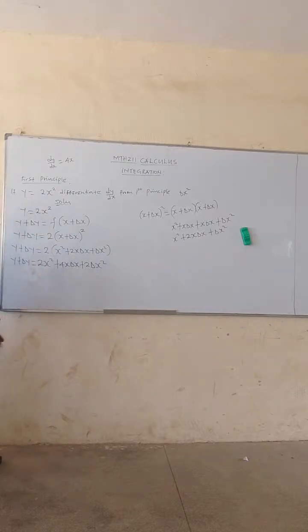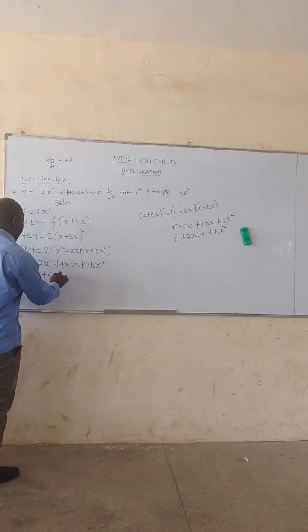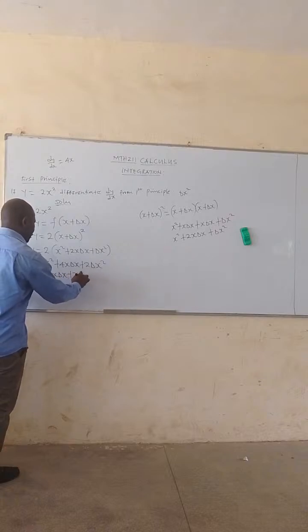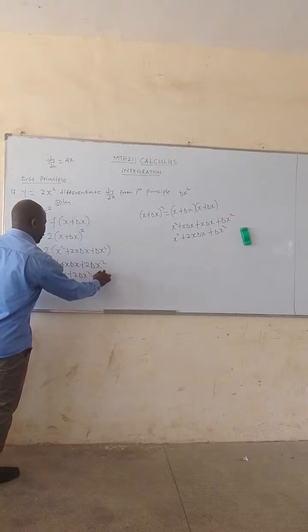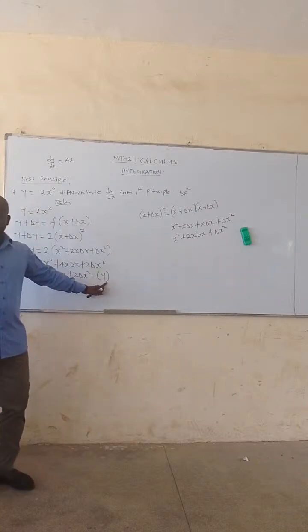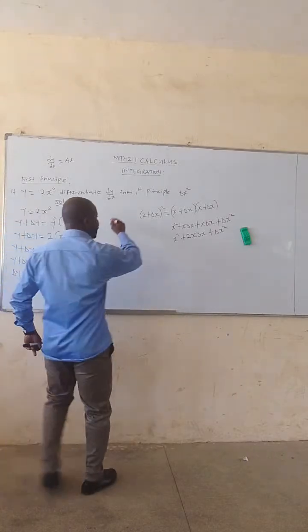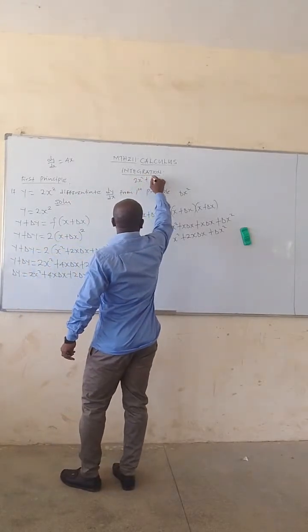Amen? Okay? So now, at this point, we'll subtract y from both sides. If y crosses the sign of equality it becomes minus, right? So our dy is equal to 2x squared plus 4x dx plus 2dx squared minus y. I told you, leave it inside a bracket, supposing we have it in this form, 2x squared plus 1.